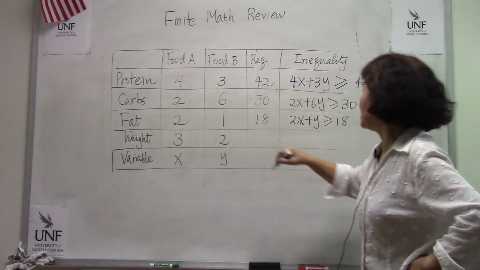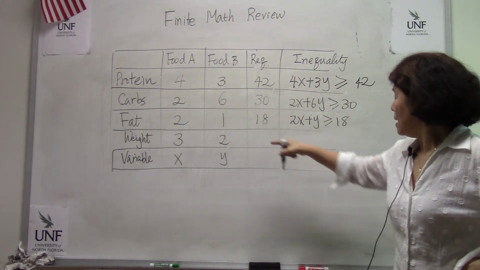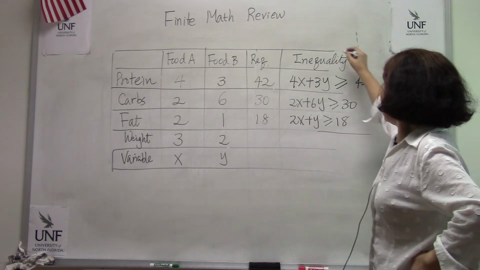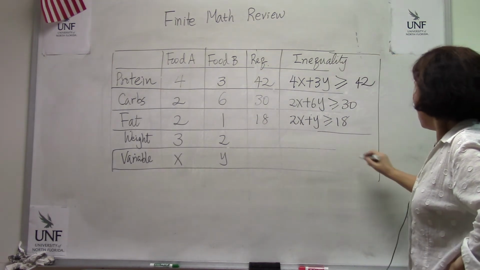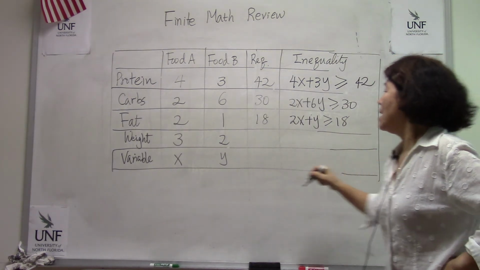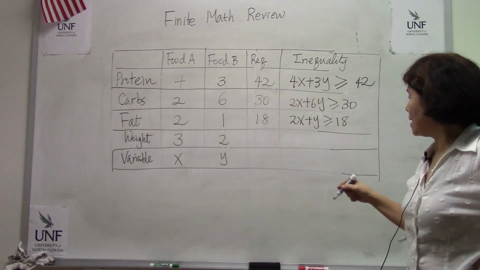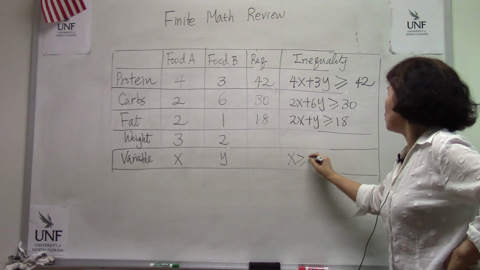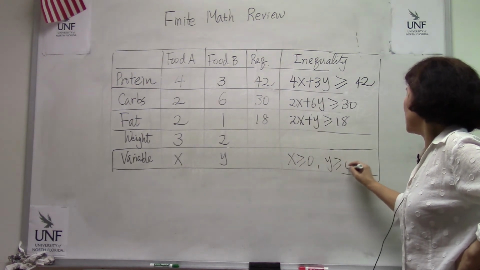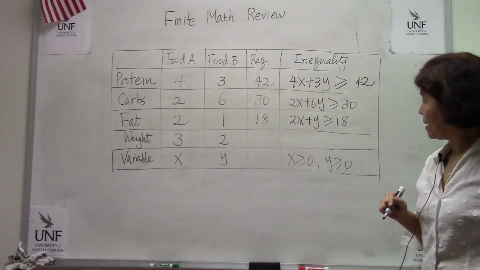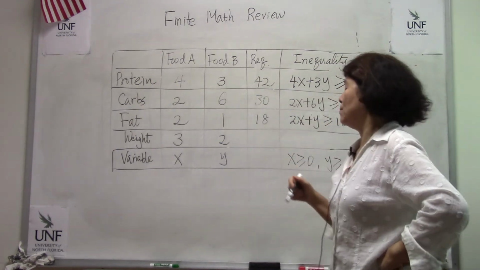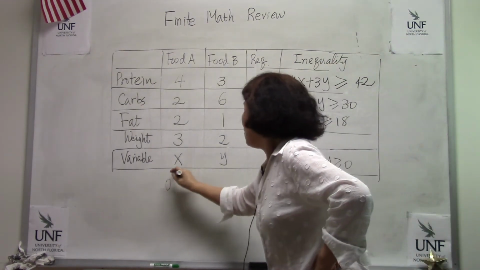Here is weight. Well, in terms of inequalities, these are fine. The last one, in terms of variable, x goes for food type A. So both x and y, again, are greater than or equal to 0. What about this weight part? Well, what is our objective?